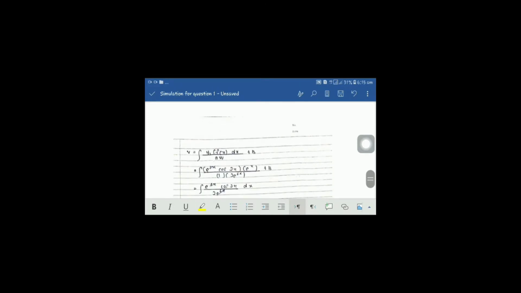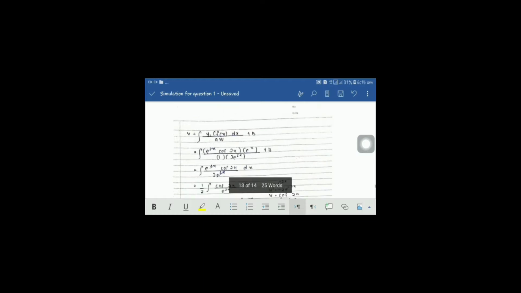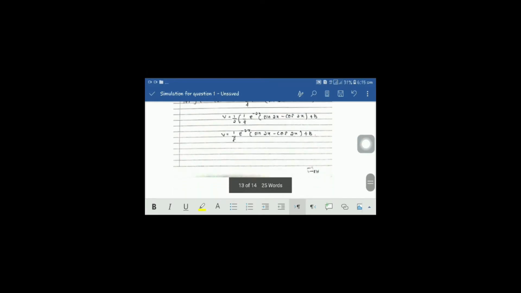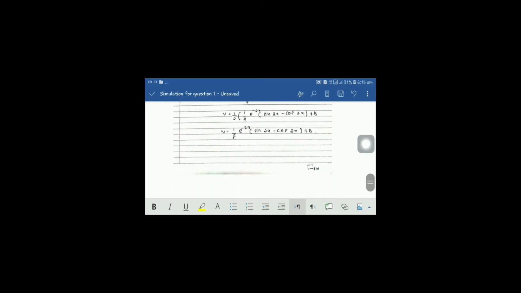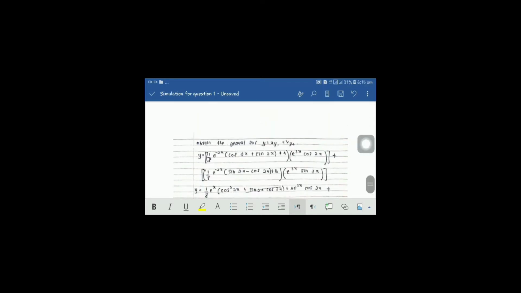For v, by using the formula, we get the answer v equal to 1 over 8 exponent negative 2x (sin 2x minus cos 2x) plus b. B is constant. And lastly, we obtain the general solution y equal u y1 plus v y2.